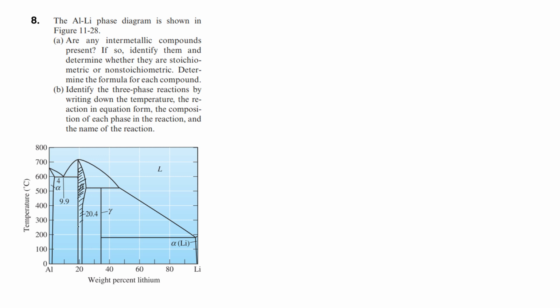But beta is having some solid solution tolerance with aluminum and lithium. Gamma has no solid solution tolerance, it's a line compound, right? So yes, we do have them. So beta is non-stoichiometric.